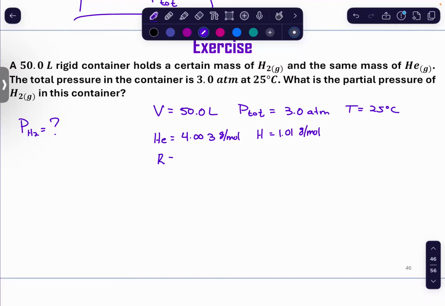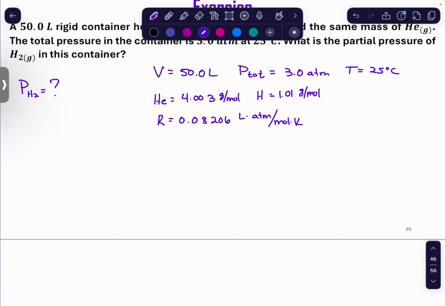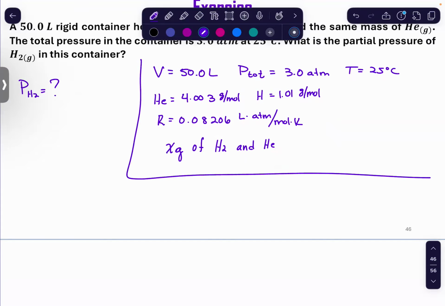R. Okay, so I have that. And then I don't know how much I have of each. I'm just going to say I have X grams of H2 and helium, because the problem said I had the same mass of each, so it's just X grams of that.